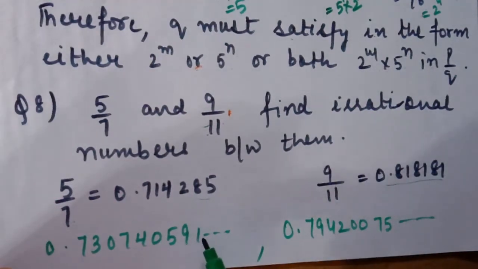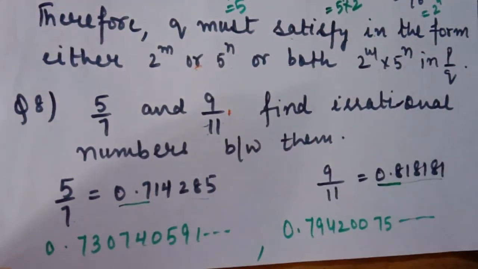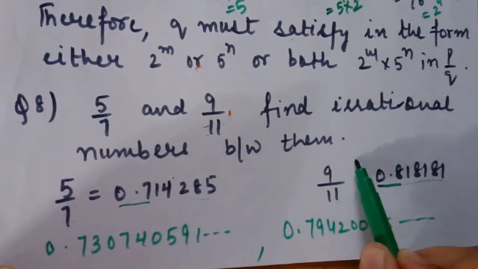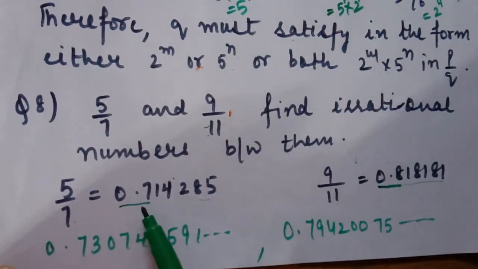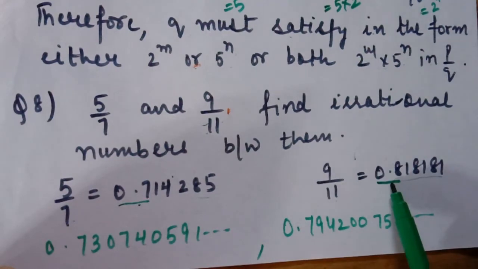So we should write infinitely many irrational numbers between these two, because we know that it is 0.7 and it is 0.8. So we will take our examples greater than 0.7 and less than 0.8. It can never be less than 0.7 or greater than 0.8.